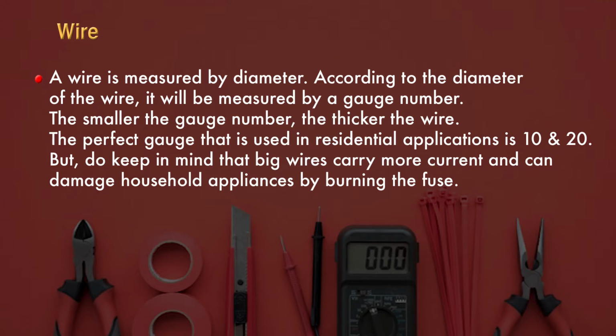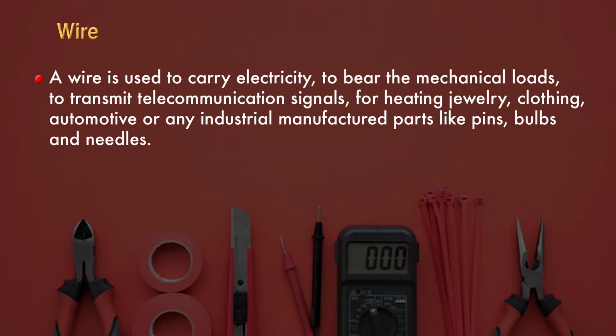But do keep in mind that a big wire carries more current and can damage household appliances by burning the fuse. A wire is used to carry electricity, to bear mechanical loads, to transmit telecommunication signals, for heating, jewelry, clothing, automotive or any industrial manufactured parts like pins, bulbs and needles.